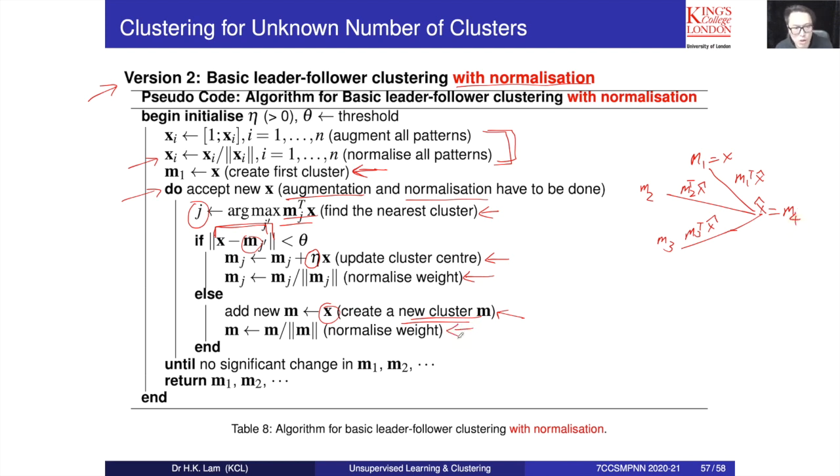Remember to do the normalization, and check whether there's any change in all these centers. If no, then we are going to return this M1, M2, and so on as the cluster centers. Otherwise, go back to the top, pick another sample, and update or create new clusters.